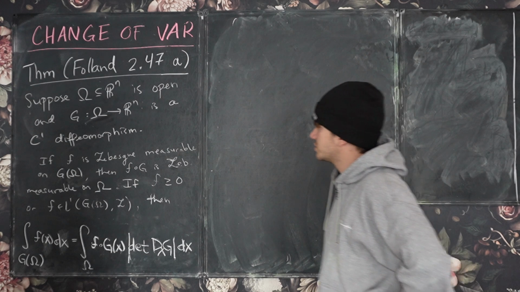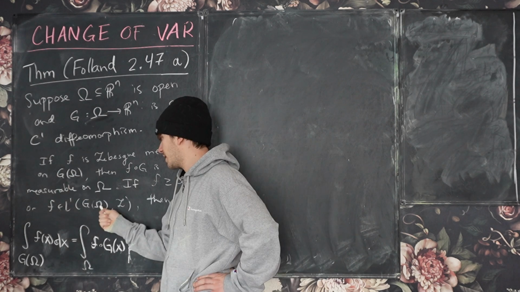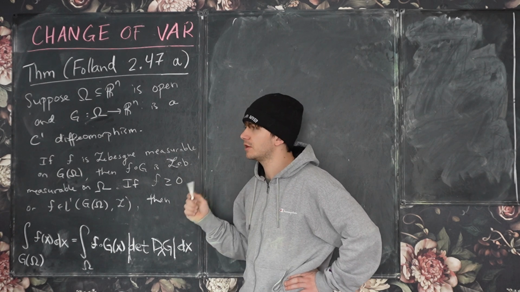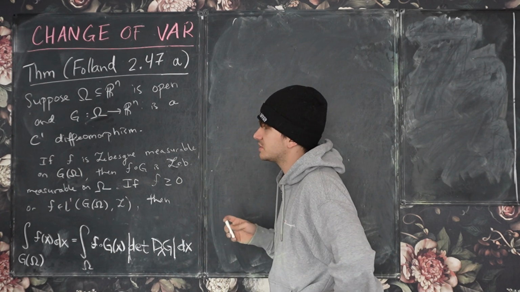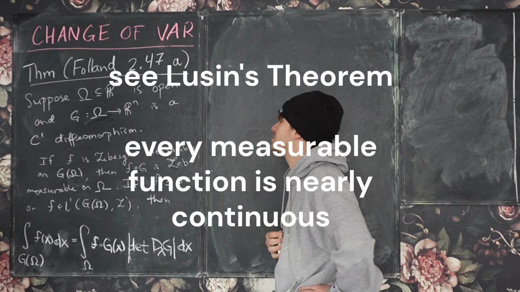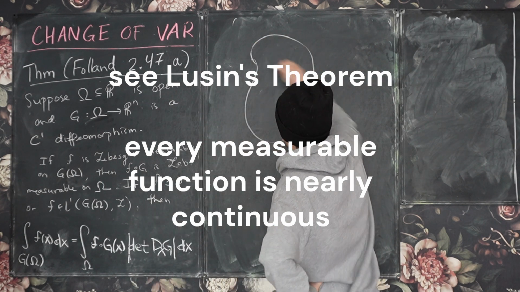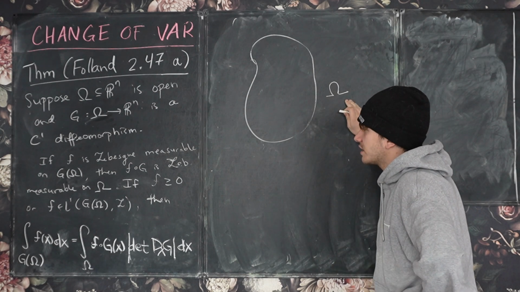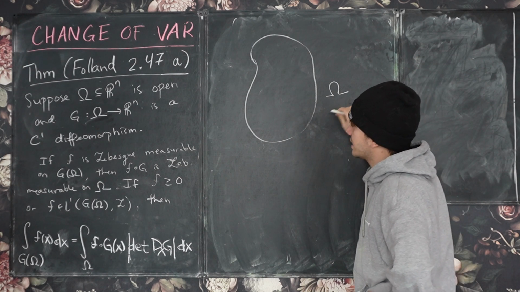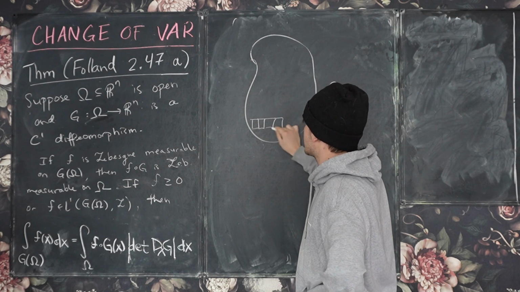Okay. So more generally, we have a Lebesgue measurable function f. Let's not get too lost in the technical details of what it means for this function to be Lebesgue measurable, and really just say that you could think of f as nearly continuous. In particular, if I have a domain omega, and this set is measurable, what that means is that I can approximate it on the outside and on the inside by a covering of boxes, essentially.